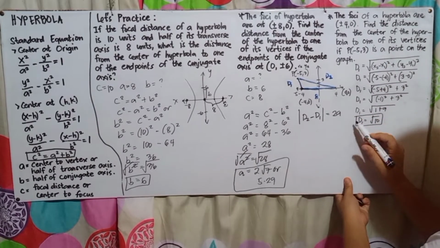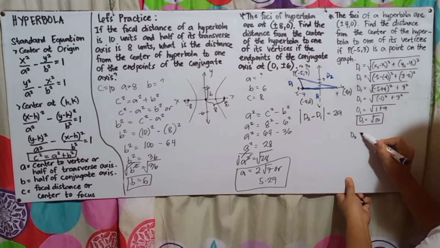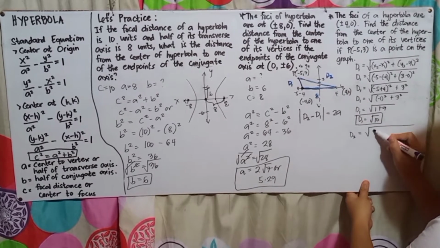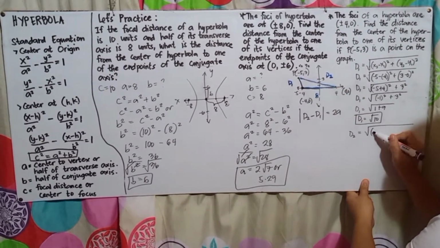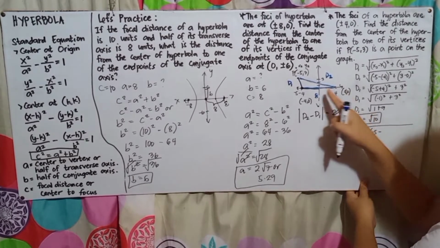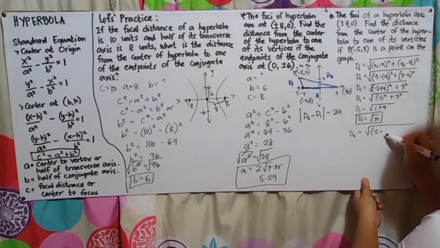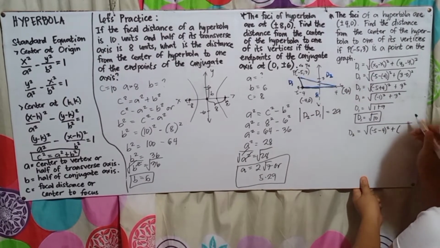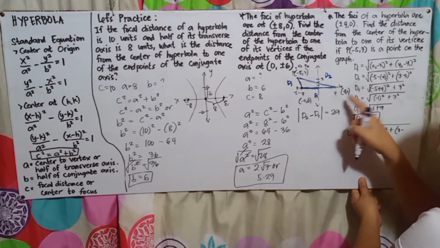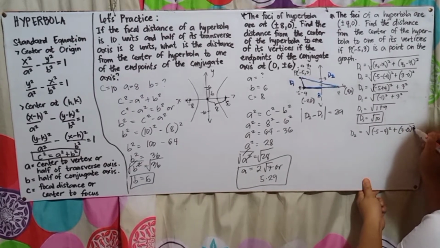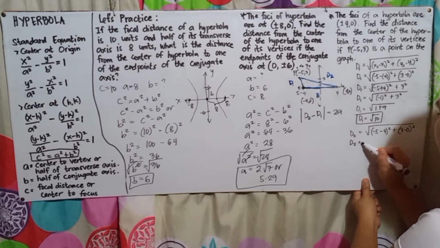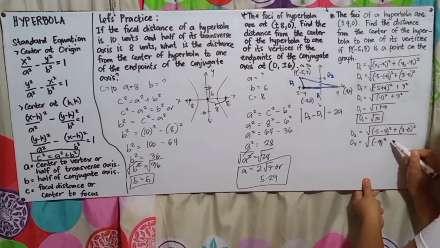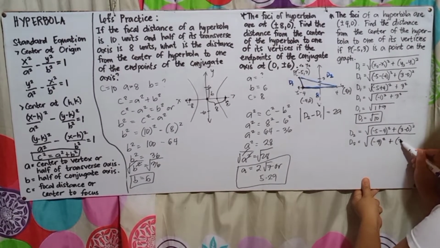Okay, so our distance 2. So, kani. So, negative 5 minus 4 plus positive 3 minus 0, square root of negative 9 squared plus 3 squared.